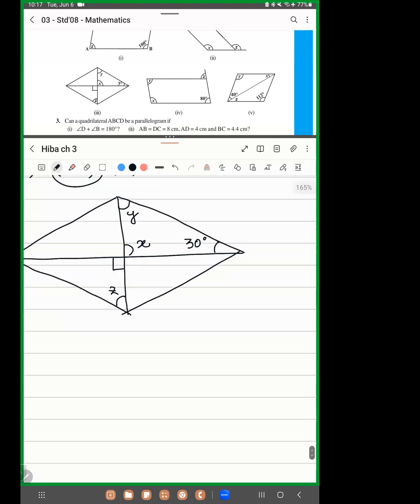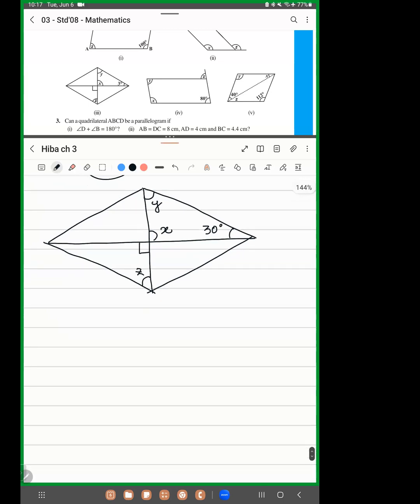Good. Acha, Hiba, before we do that, do you think we can apply some kind of a rule over here? Look at these two angles. I think x will be 90 degrees because it is vertically opposite. Very good, Hiba. X is equal to 90 degrees because it is vertically opposite to this 90 degrees over here. Okay.